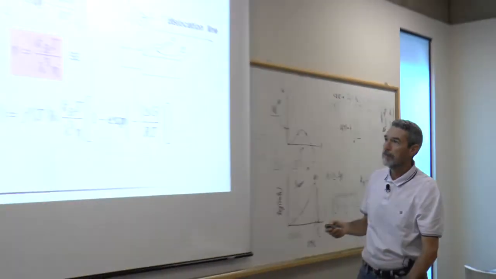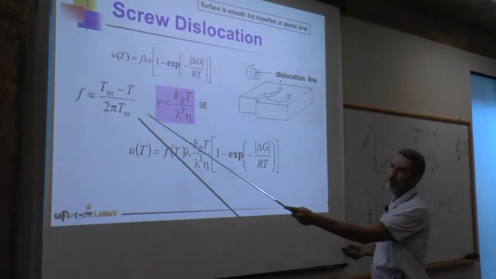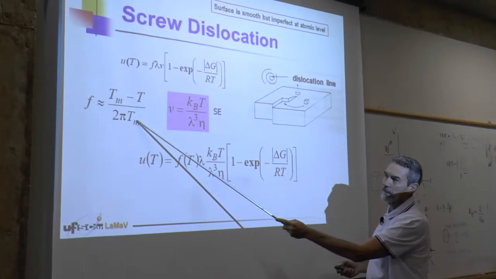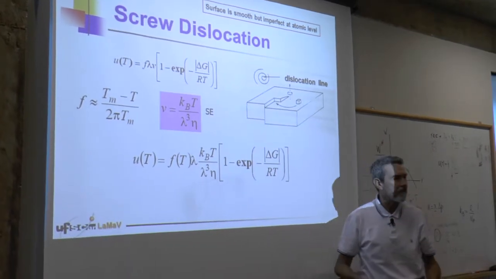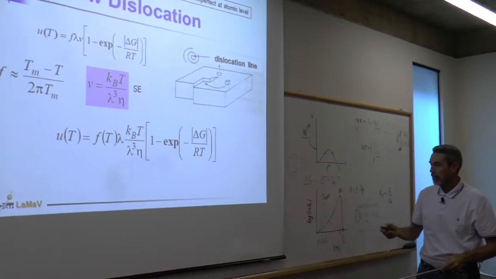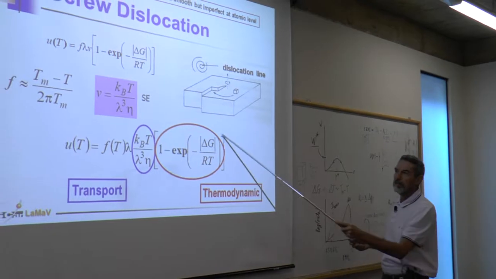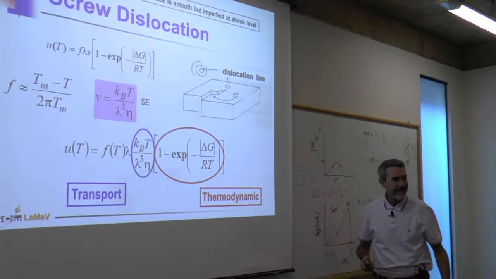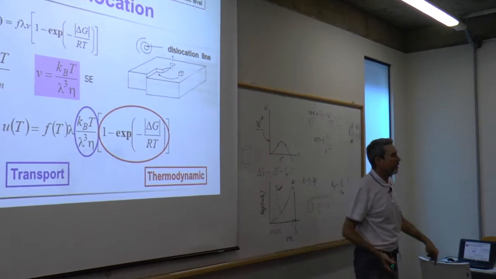And well, as I said, F is approximately the melting point minus T divided by Tm. There is a factor 2 pi here, but this is a constant, so it doesn't matter too much. Of course, this is the thermodynamic part, this is the diffusion part, and as I said, there is no free energy barrier here.